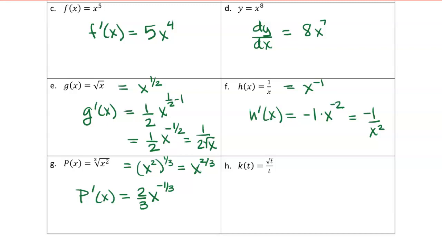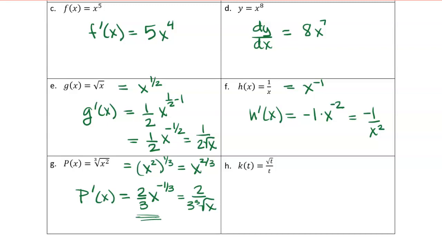So again, you can leave it like that, or if you recognize that the negative exponent, you can flip that to the bottom, and the 1/3 is a cube root. This is the same as 2/3 cube root of x. But don't worry about simplifying. This is perfect. This is really what I want right here.